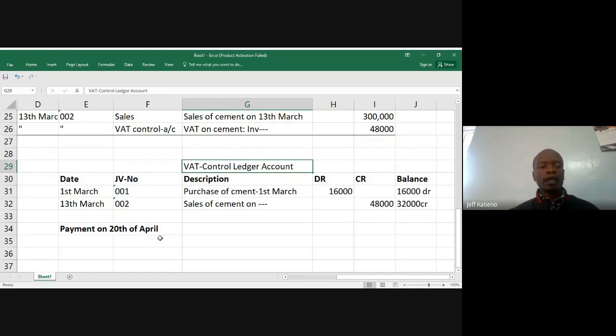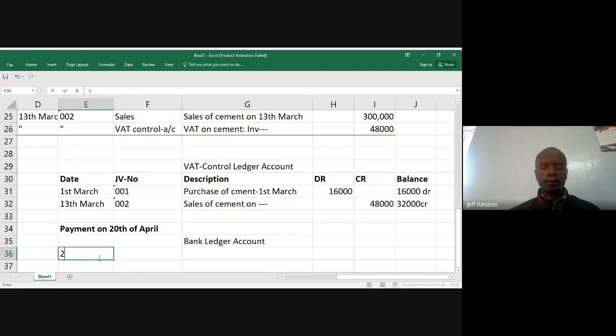So when you pay, you'll have your bank account, or your cash account, your bank ledger account. If you pay on 20th April, let me put the titles first.